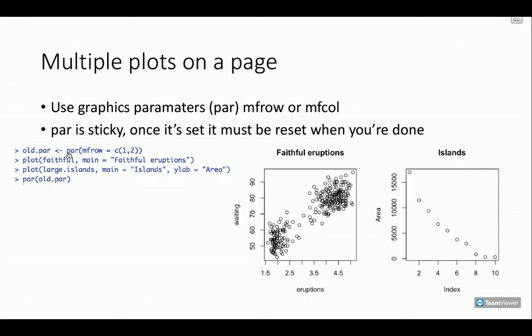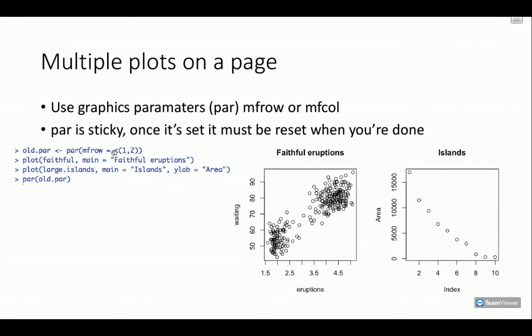You can use a function called par, and you can set the number of rows and columns by using this parameter within par, mfrow or mfcol. So depending on this, it changes to multiple formatted row or multiple formatted column. When we give mfrow equals, we have to give it two numbers. What this means is how many rows we want. We want one row and two columns.